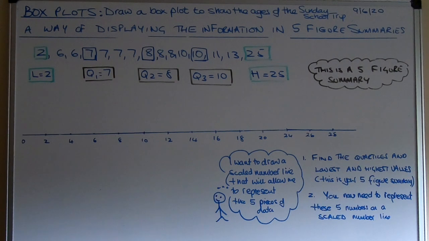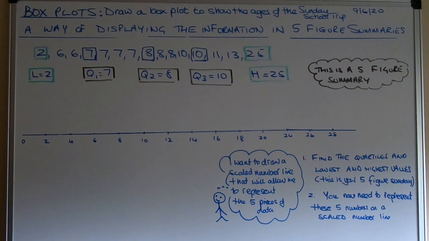That's a 5-figure summary. Now, a box plot requires us to draw on a scaled number line those 5 bits of information in the following way. So I want to draw a number line that's going to allow me to show on that number line 2, 7, 8, 10, and 25.